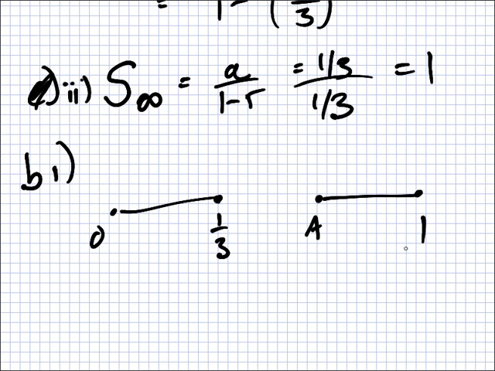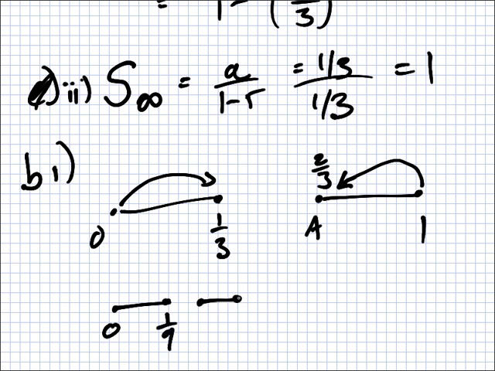Everything's symmetric, so if that's 1 over 3, this has to be 2 over 3, because this is 1/3 in, and so this will be 1/3 in. Likewise for the next one: that was 0, that was 1 over 9, that was 1 over 3, and that was B. So how big is this piece? 1/9. So how big is this piece?